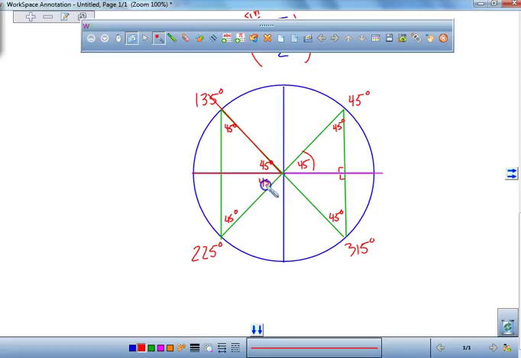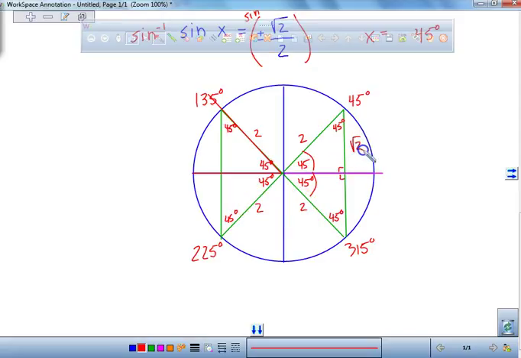Right here is also a 45-degree angle, and right here is also a 45-degree angle. Now, in a unit circle, I want you guys to understand that with this radius, we're going to call it a 2 all the way around. And these sides are radical 2, and this is negative radical 2. This side is positive radical 2. This side is negative radical 2.